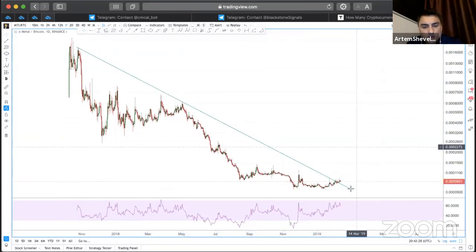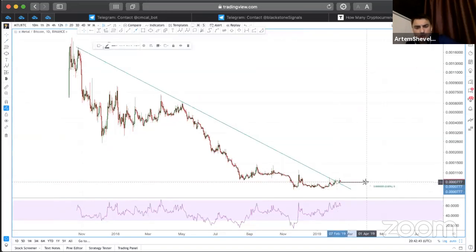Nice. You can see this trend line, we already broke it. So after a few weeks of sideways, we are probably going to have some pump. I don't know where exactly, but probably some pump.